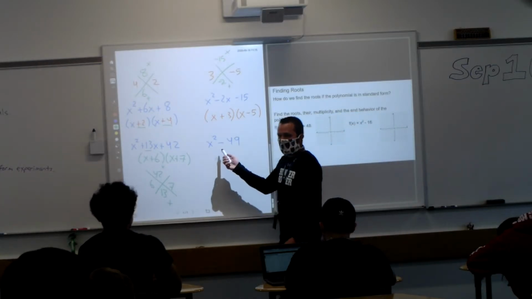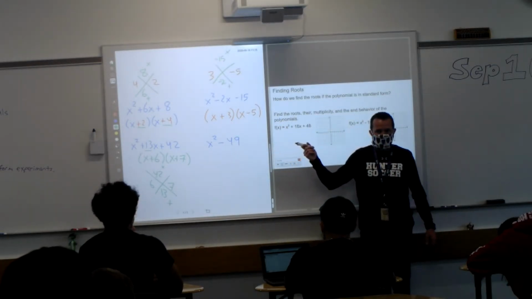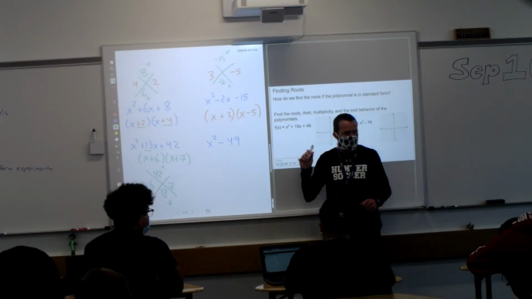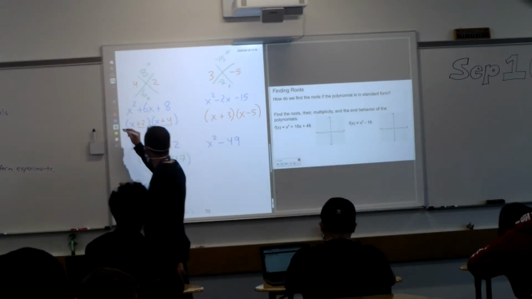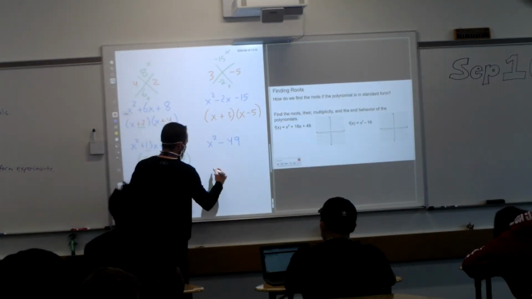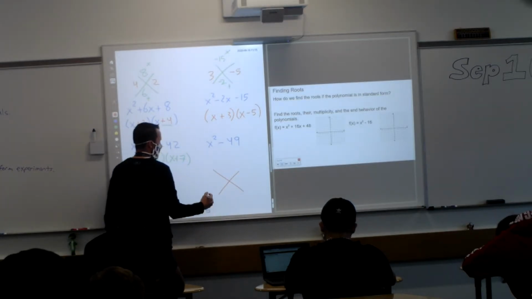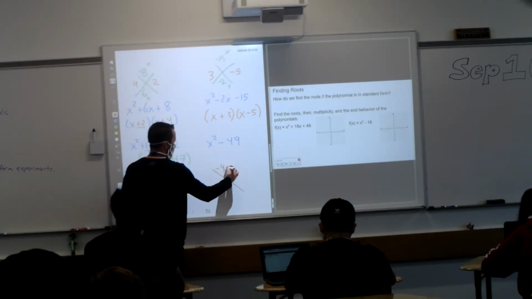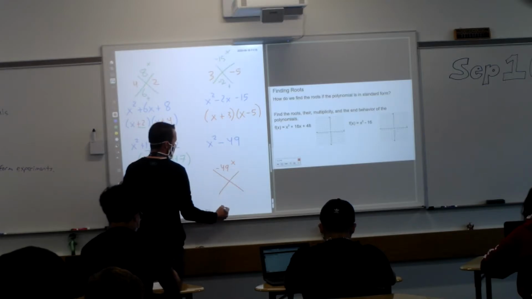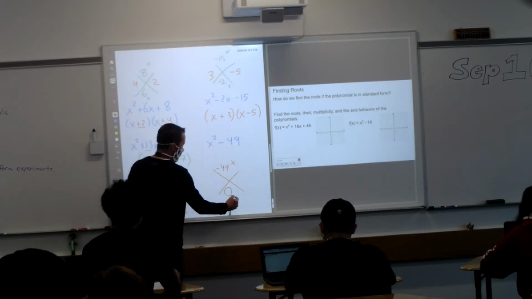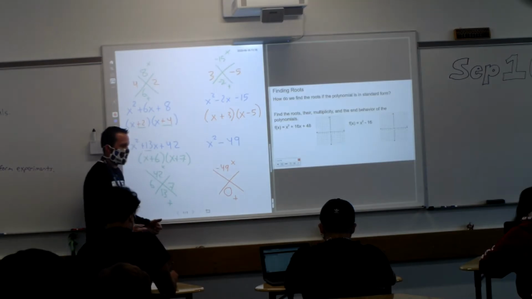Now, looking at this next one, is there anyone who got that next one? Jay, tell me what you did. Good job. There's no middle term, so that means they cancel each other out. Okay, keep going.